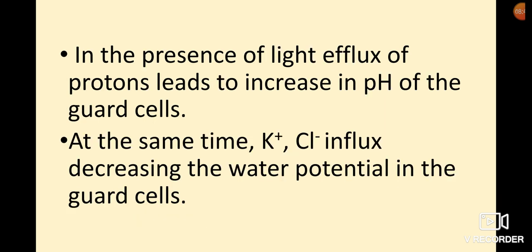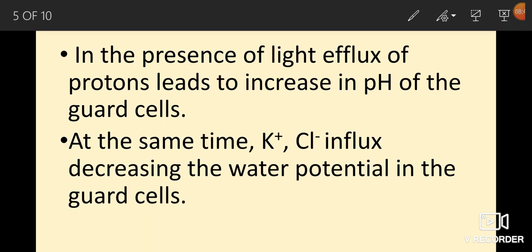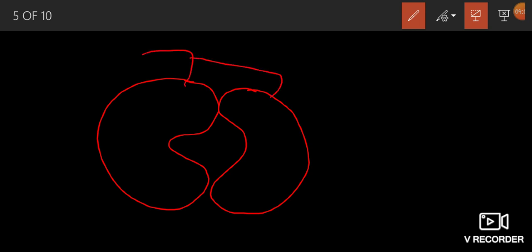So according to Levitt, what will happen? This is a guard cell of a dicot plant leaf, and these are subsidiary cells.